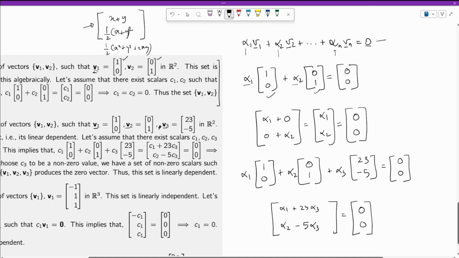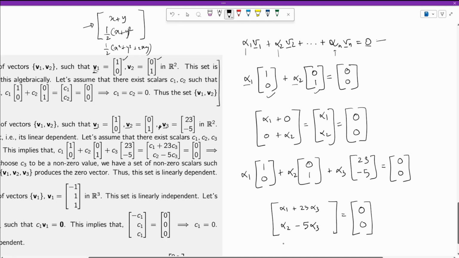0 alphas will always produce the 0 vector. But the question is, is 0 alphas the only combination that will produce a 0 vector? Is there any other value for alpha 1, alpha 2, and alpha 3 that you can choose that will still produce the 0 vector?